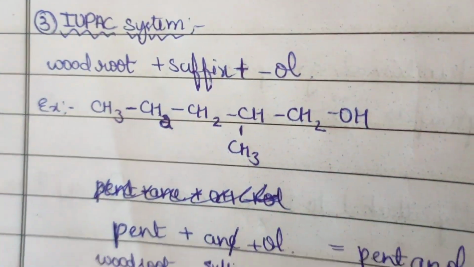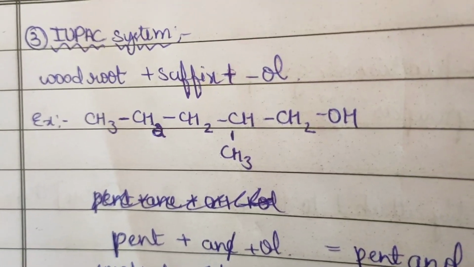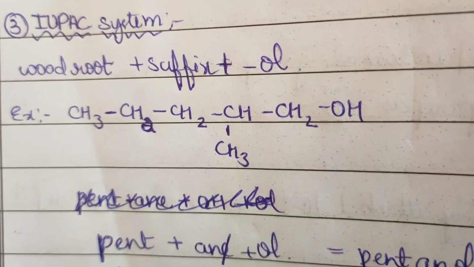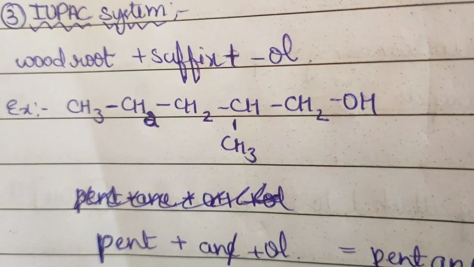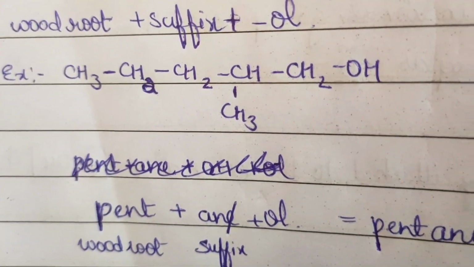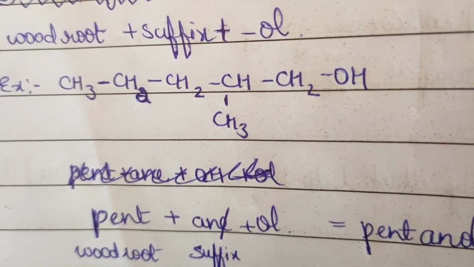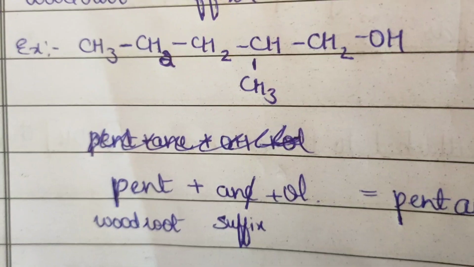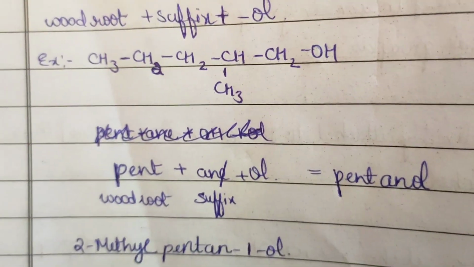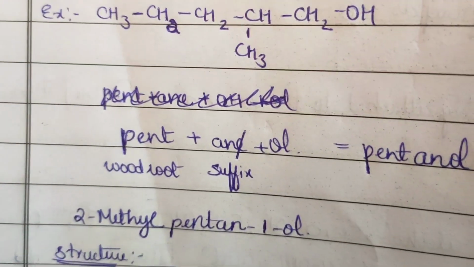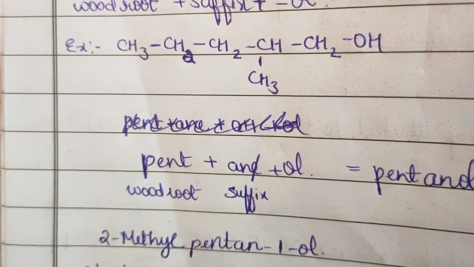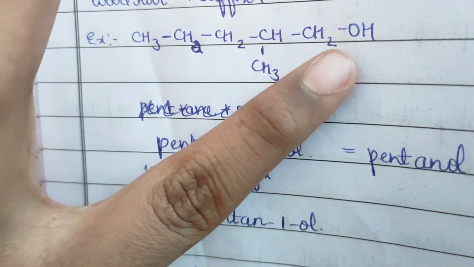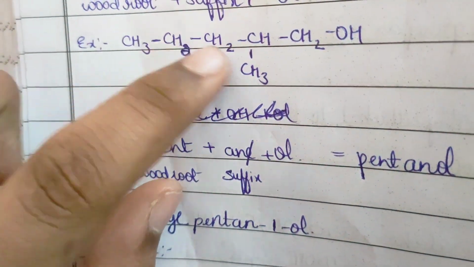Now the IUPAC system. Here first the word root is given, then suffix, then we add OL at the end. For example, here you can see CH3, CH2, CH attached to CH3, then CH2OH. Now we'll give this name. First we have to count the number of carbons: 1, 2, 3, 4, 5.